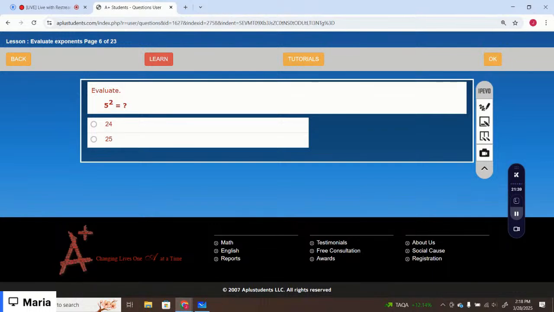5 squared equals 25. Option number 2 is the correct option. 5 squared equals 25. 9 squared. So 9 squared equals 81.